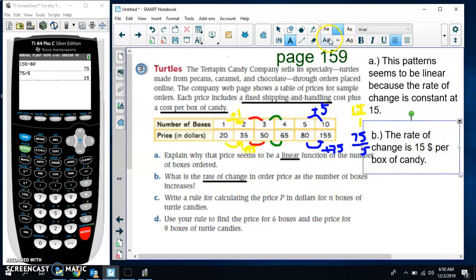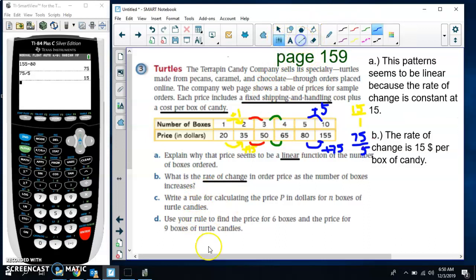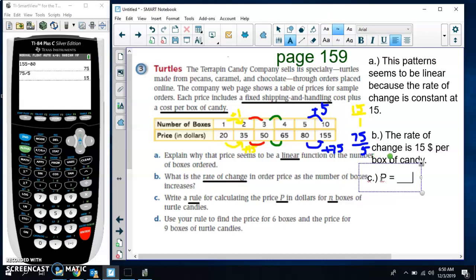Next part says, write a rule. So that is C here, and we're using the price, P, and N for boxes. So for C, our rule is going to look something like P equals something plus a number times N, right?